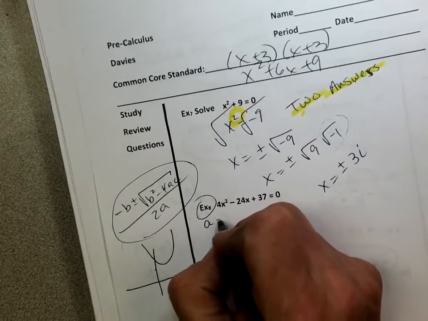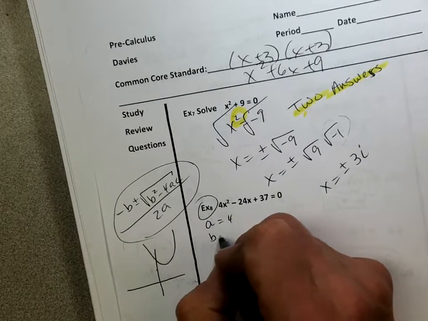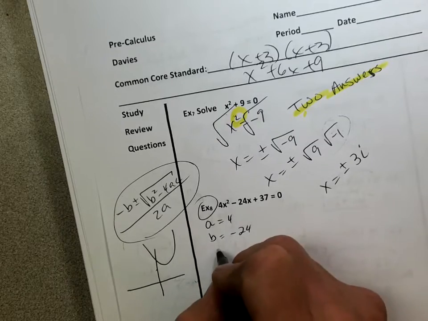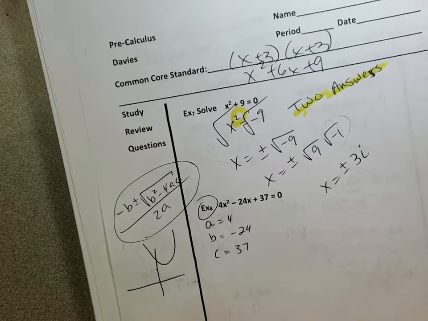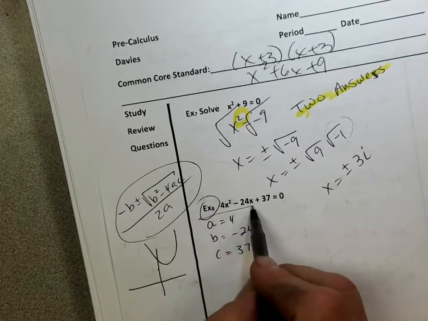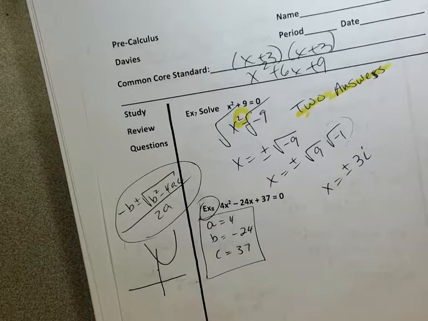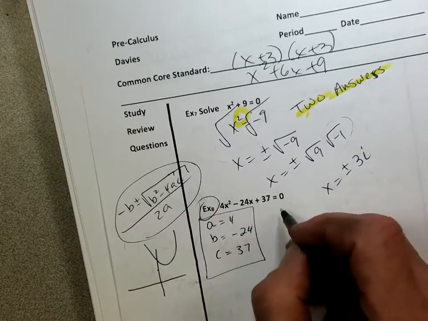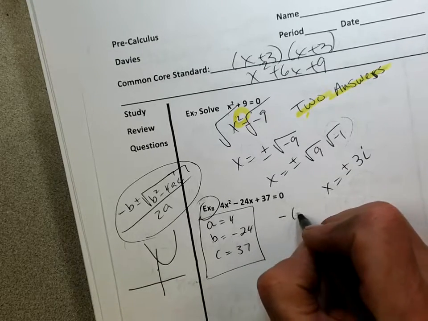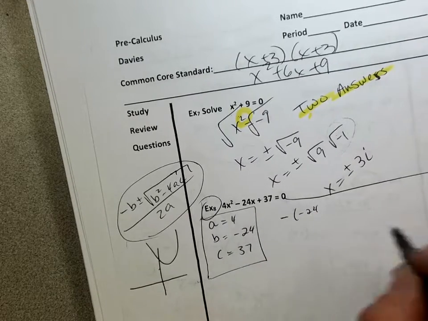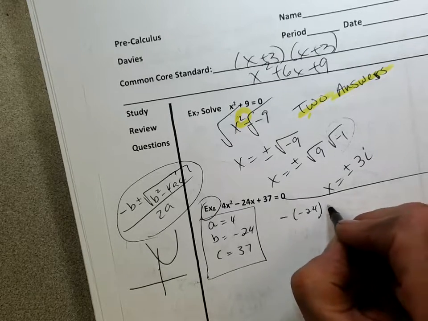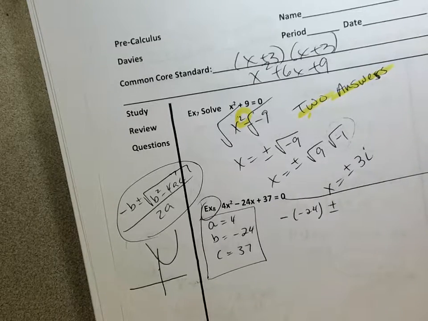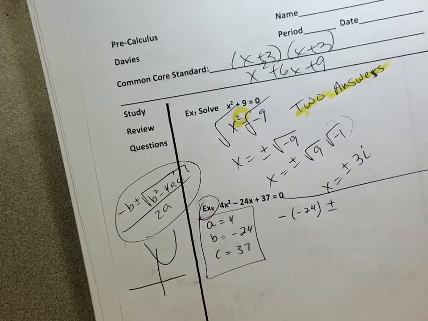So a is 4, b is negative 24, and c is 37, right? And we're going to have to use this darn quadratic formula. So negative b, which is a negative 24, plus or minus, and hopefully you know where the plus or minus comes from because there's two answers, right?